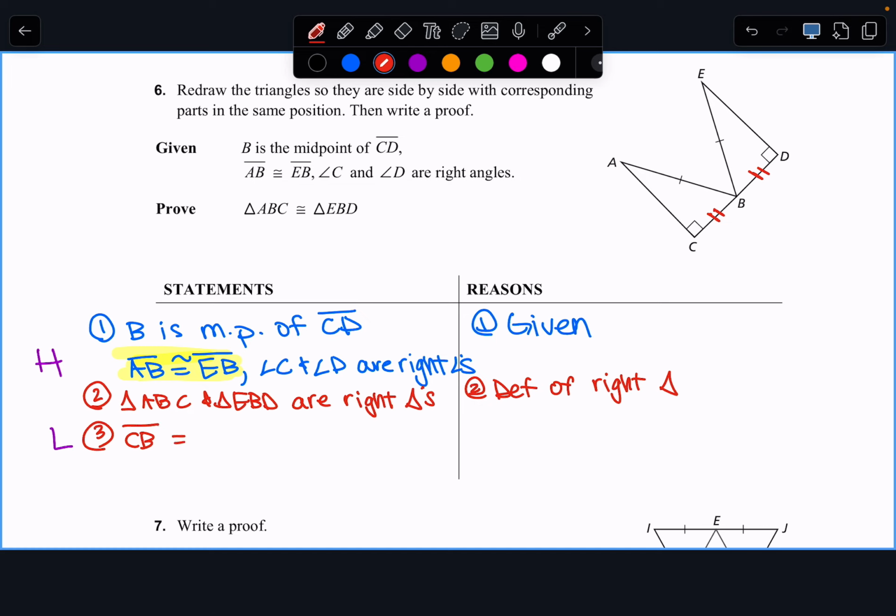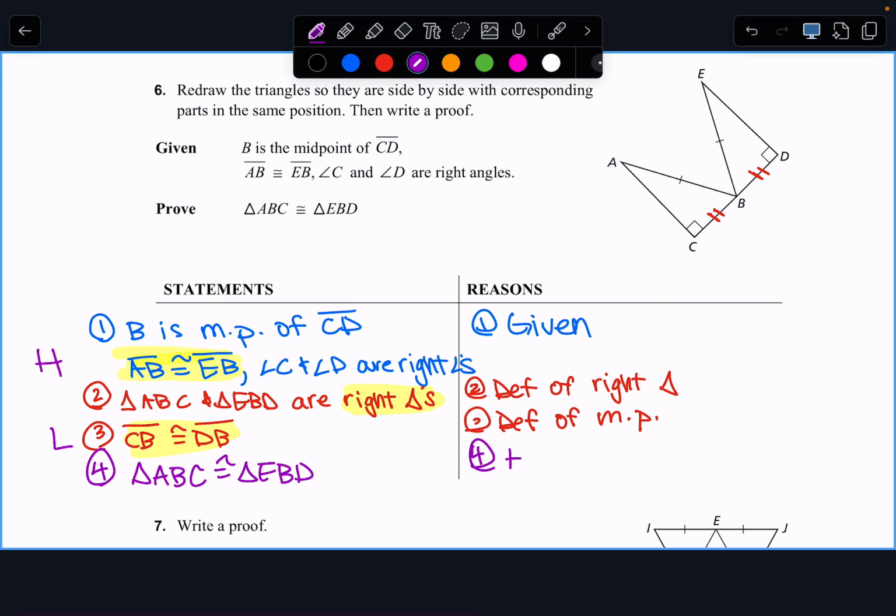Oh, these are congruent because the definition of midpoint. You guys, we have a right triangle. We've established hypotenuse and leg. So we can actually say, hey, triangles ABC and EBD are congruent by hypotenuse leg.